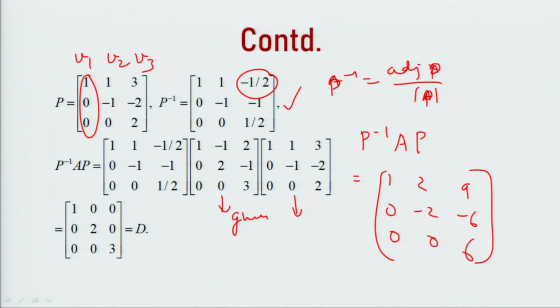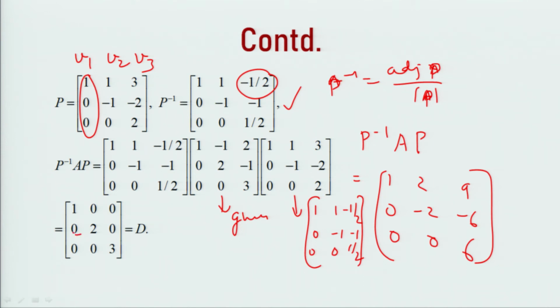Now, we do left multiplication by this matrix: 1, 1 minus 1 by 2, 0 minus 1 minus 1, 0 0 1 by 2. So, 1 into 1 is 1, remaining entries are 0. 1 into 0 minus 1 by 2, 0, and this is 2 and minus 2, 0, we get 0. Then third, 9 minus 6, 3 minus 3, 0, and we get 0.